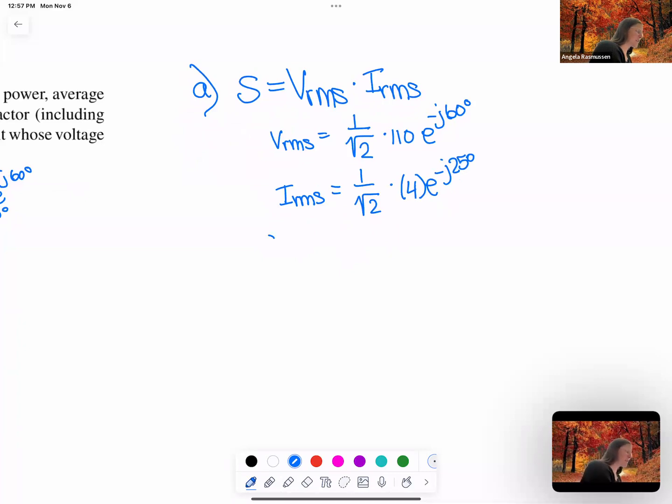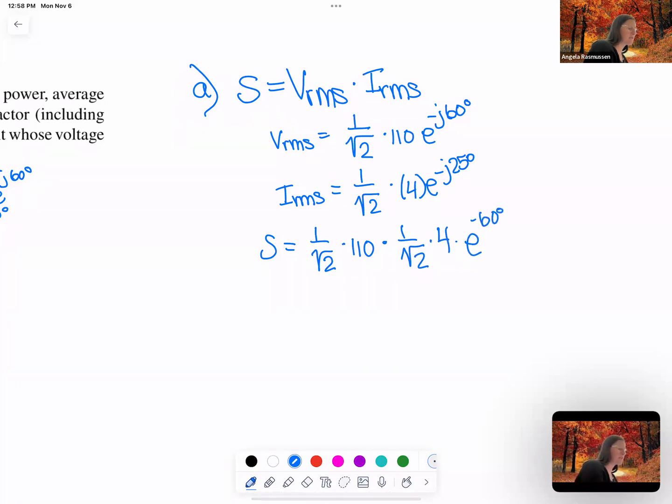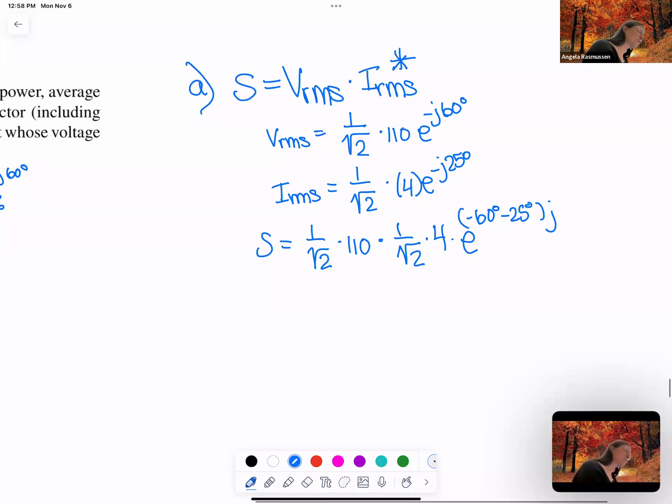So now when we take the S and we just multiply these together, 1 over the square root of 2, 110, 1 over the square root of 2, 4, and then minus 60, minus 25, j. Oh, this was missing. It's the complex conjugate of I RMS. So this will be a plus 25. Mark that.